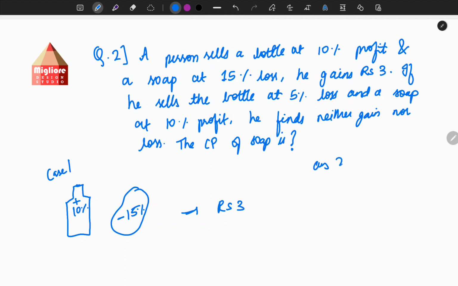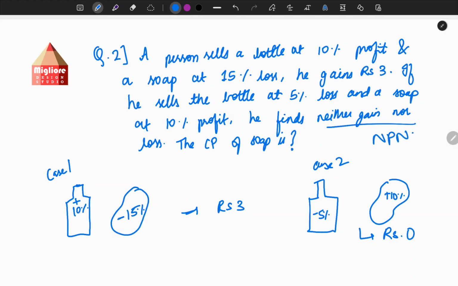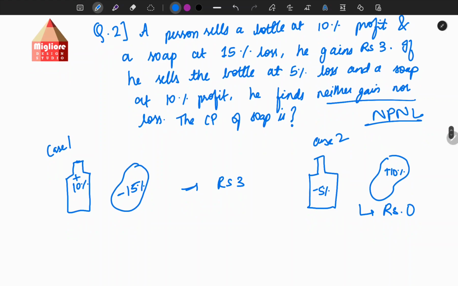Case 2, he sells the bottle at 5% loss and the soap at 10% profit. So he gains rupees 0. This is the no profit no loss condition. What is the cost price of soap?